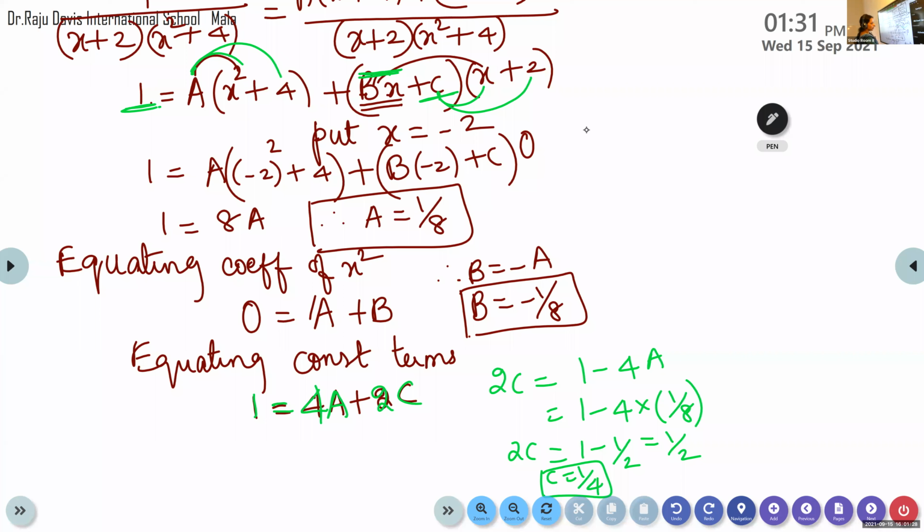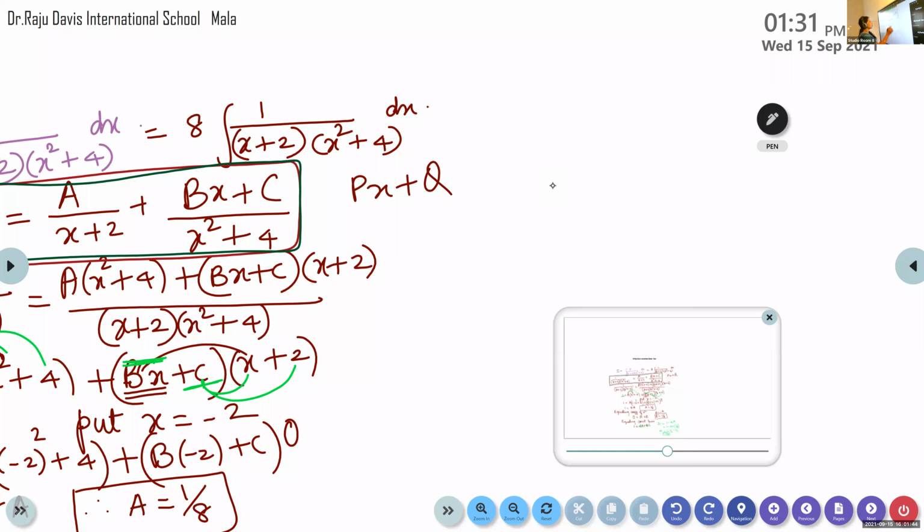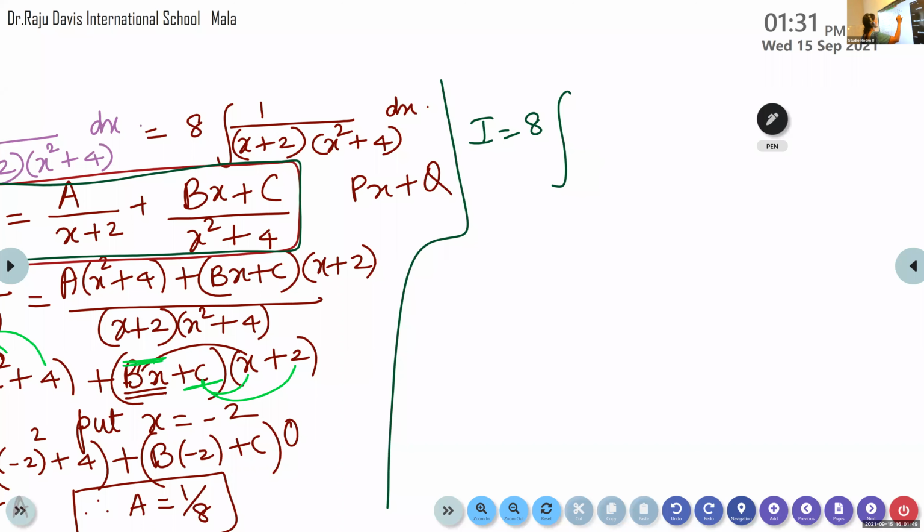So when we substitute it here, listen children, don't write, listen all of you. What happens to I? I is equal to 8 into the integral of this function, which we split as a by x plus 2, a is 1 by 8, so 1 by 8 by x plus 2, plus bx plus c.